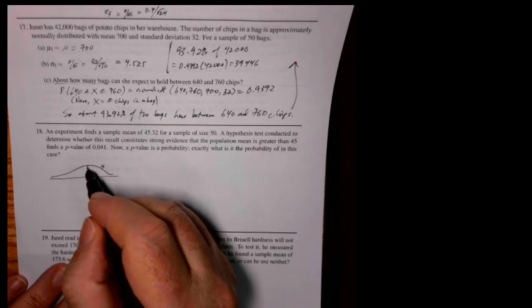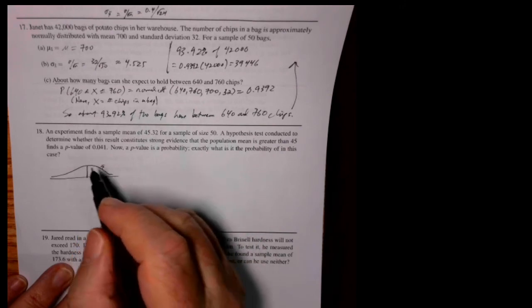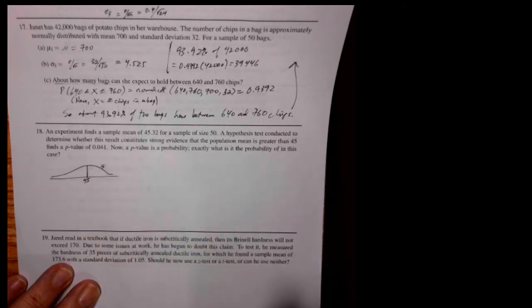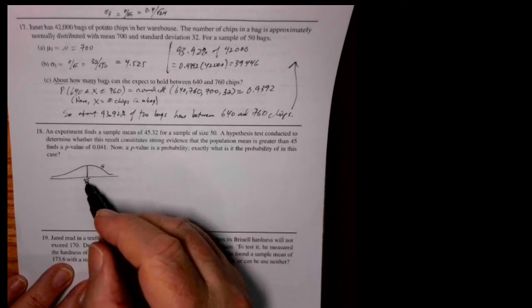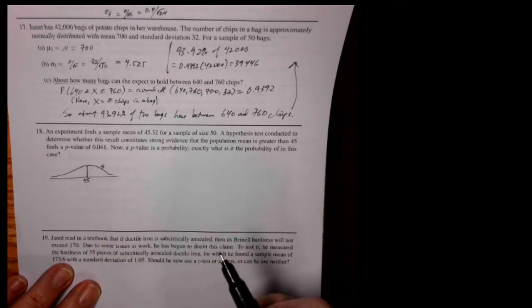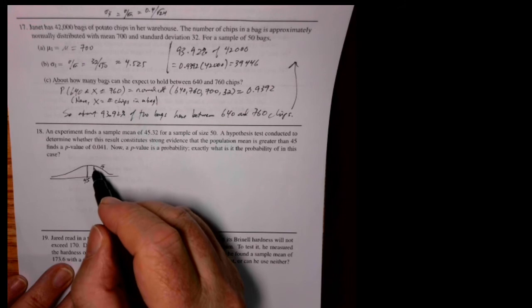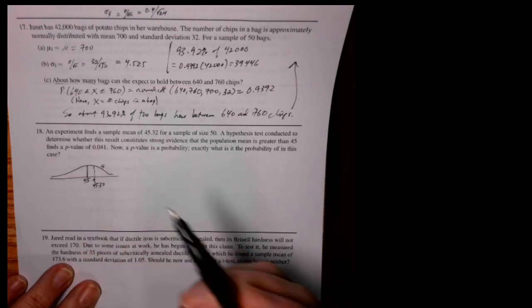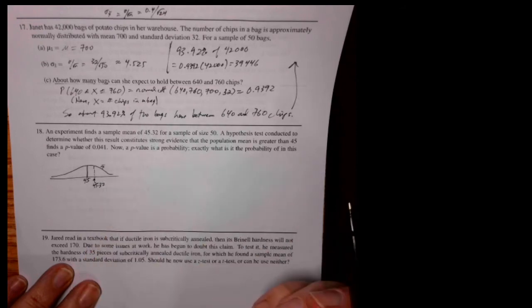So this x-bar is normally distributed, and the mean is going to be 45. The mean of the population is hypothesized to be 45, and so, of course, the mean of the sample means is also 45. 45.32 will be some number about right there, let's say. It's going to be to the right of 45, wherever it is.